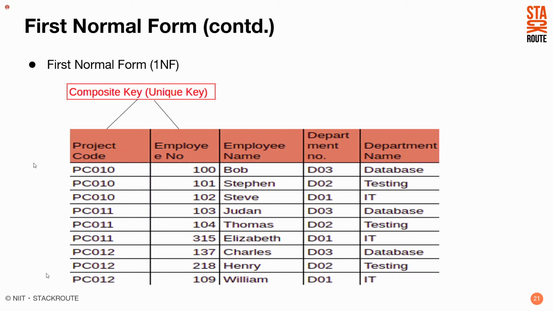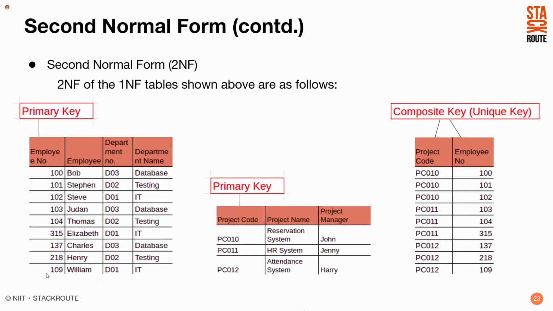In such a situation, this table will be divided into another table. Listen carefully. Already we divided project code, project name, project manager as a project table. Apart from that, employee details will be there in employee ID and employee name. Further to that, we are creating a project and employee table as a separate table, holding employee number and project code.